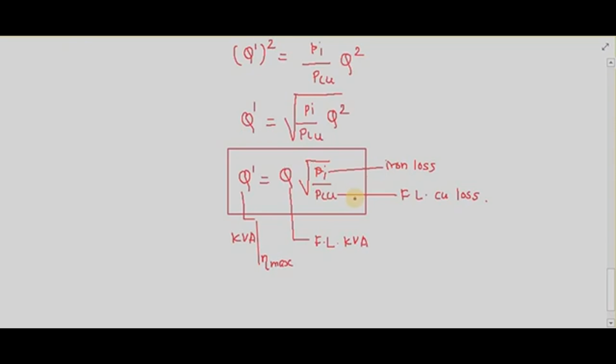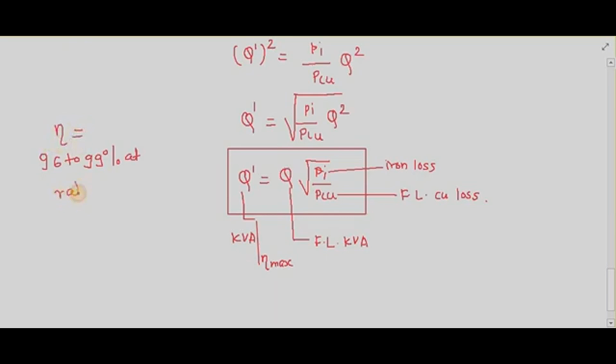So students, as your transformer is a static device, it is free from friction and windage losses. Therefore, it is the most efficient equipment with the efficiency of about 96 to 99% at its rated output.